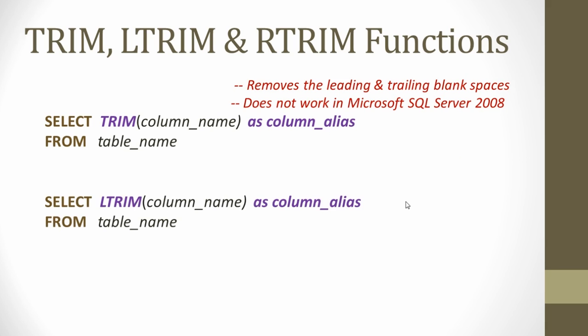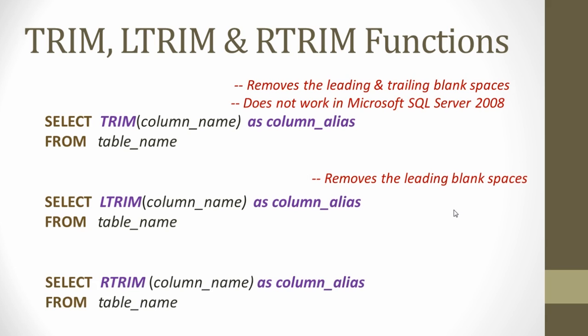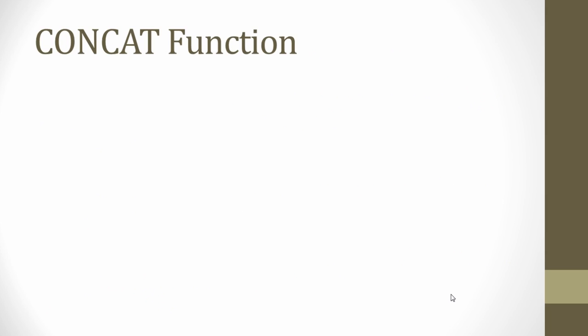So LTRIM actually removes the leading blank spaces. That is the blank spaces towards the left side of the column, or the characters actually. RTRIM is going to remove the trailing blank spaces, the ones towards the right side, following your characters, whatever spaces are there, those are going to be removed.